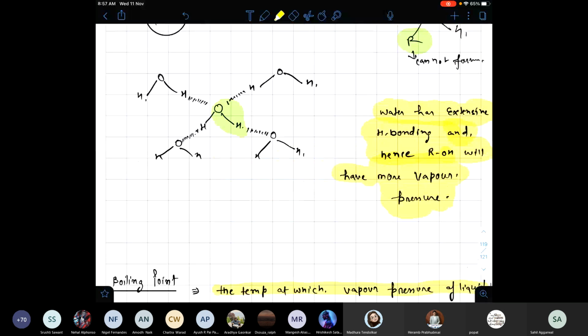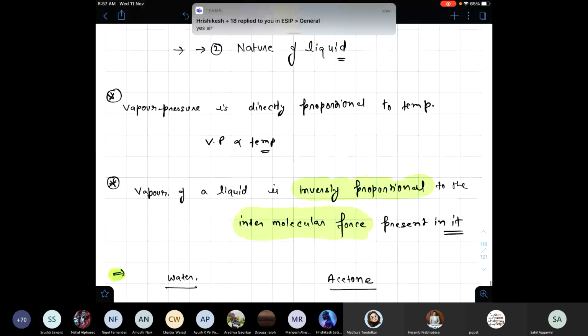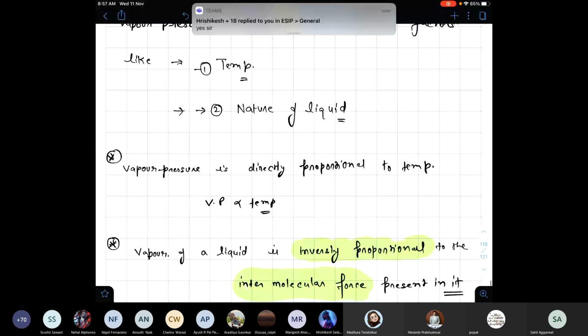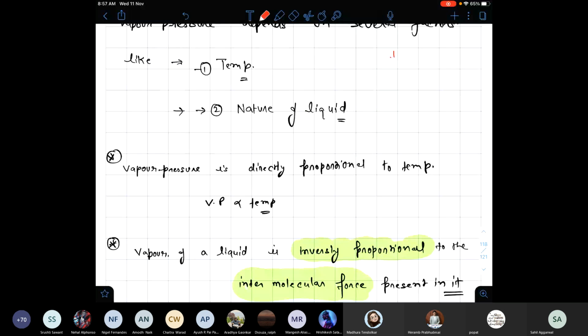It should be very much clear that increasing surface area will have no effect on vapor pressure.